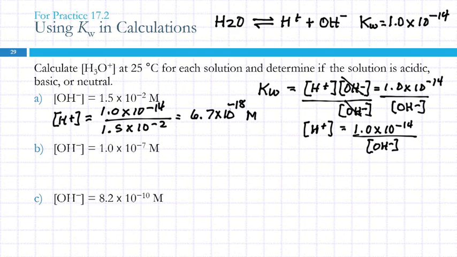Sorry, is it supposed to be 10 to the negative 14? Is what supposed to be that? The Kw? Yeah. Well, I kind of don't know if I know anything right now, but I believe so, yes. But I thought I did that one right, too. So, minus 13. Yeah.